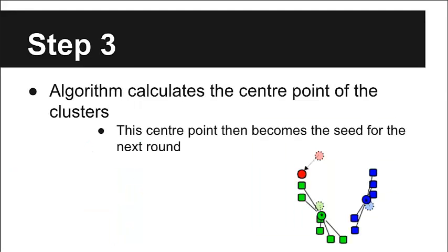In order to find the optimal cluster, in the next step, the algorithm calculates the midpoint of the cluster. Then the seed that we spoke about in step 1 moves from that initial point to the midpoint of the new cluster. This center point then becomes the seed for the next round.